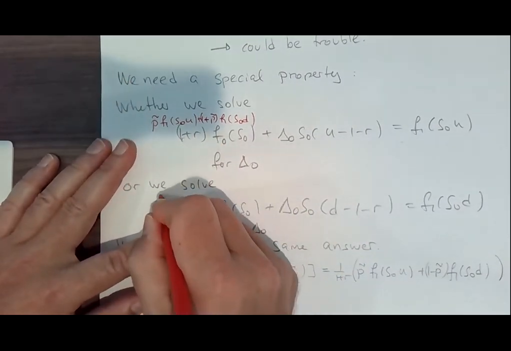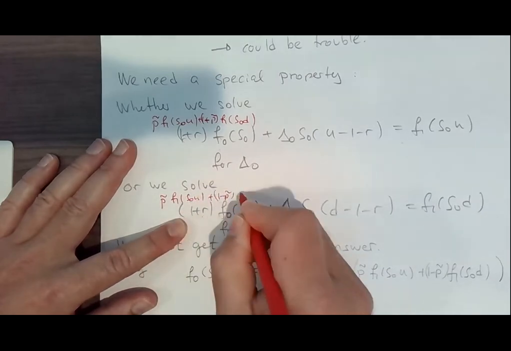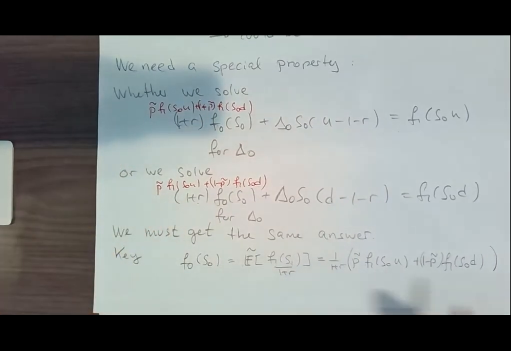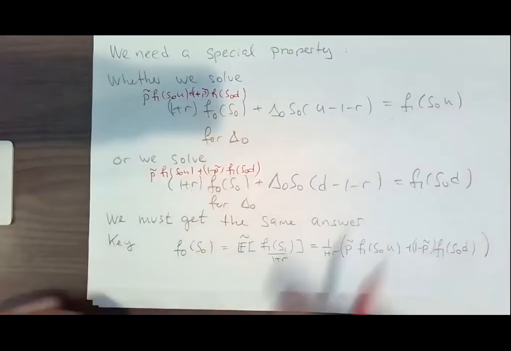This is P tilde F1 S0 U plus 1 minus P tilde F1 S0 D. Now it looks a lot more promising, right? Because these two over here, they also appear over here.